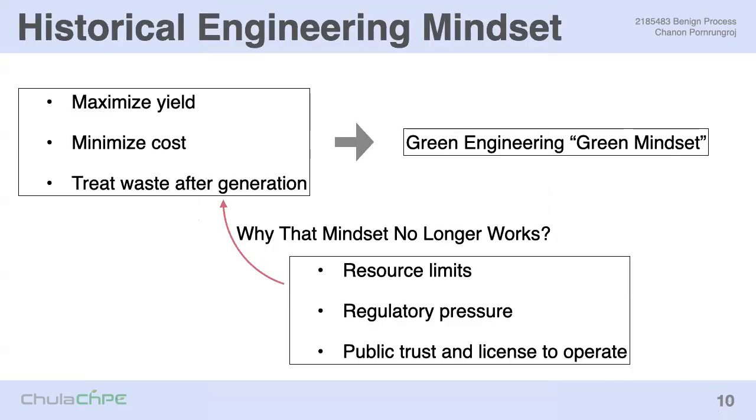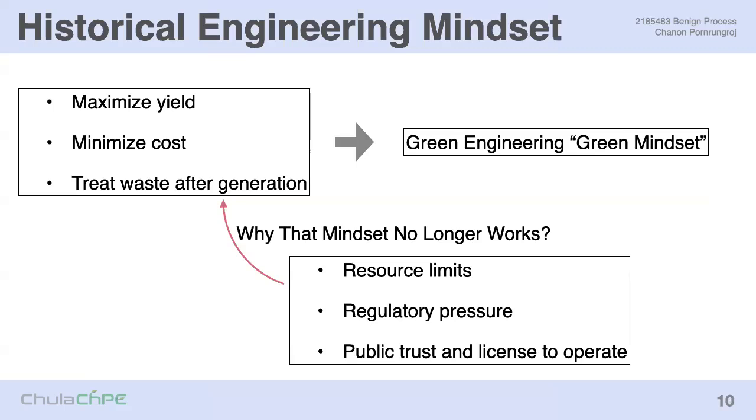Okay, so let's talk about the historical engineering mindset, right? As I mentioned, back then we often just focused on maximizing the yield, right? To get what we want as much as we can, minimize the cost, makes sense. And as I mentioned, treat waste after generation.